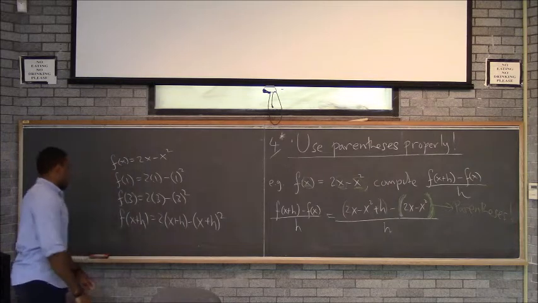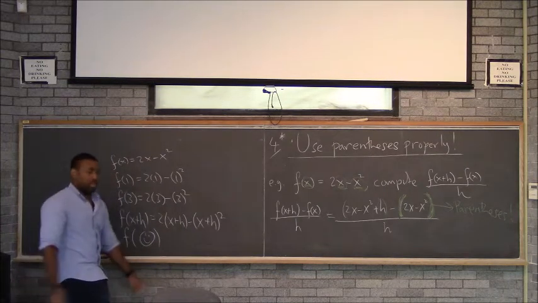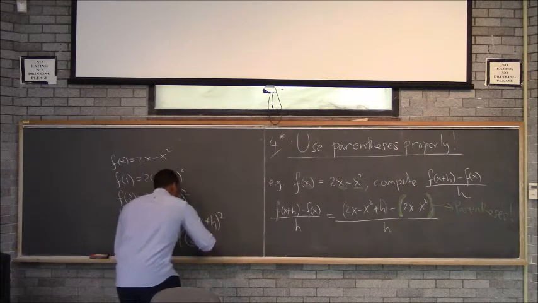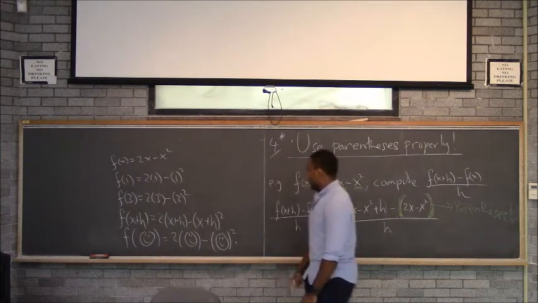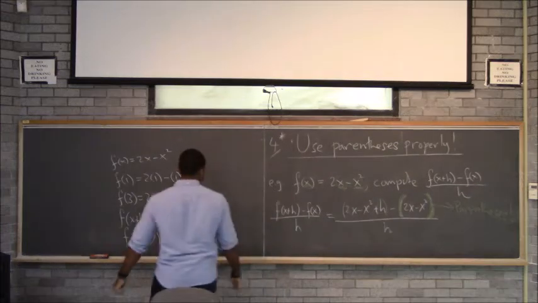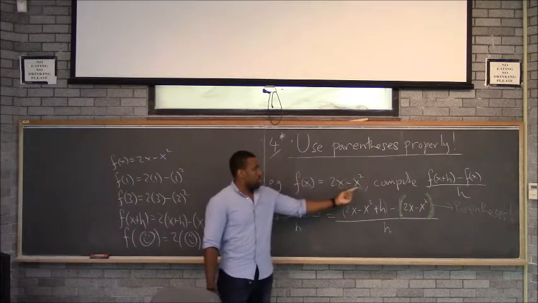Someone asks you, what is f of smiley face? Well, as long as the smiley face is in the domain of the function, it's 2 times smiley face minus smiley face squared, right? This is called a composition of functions, and it means that whatever shows up in the parentheses shows up everywhere the x was.